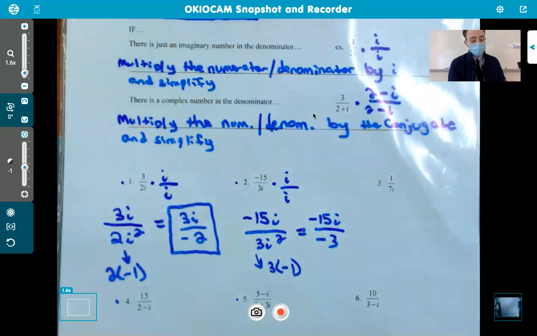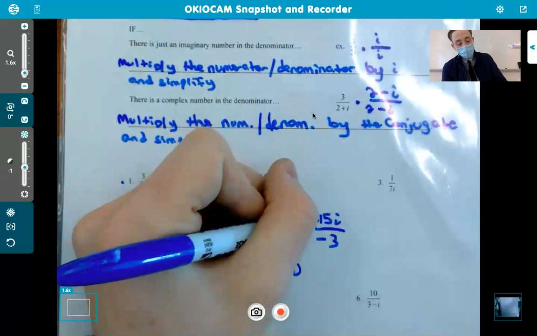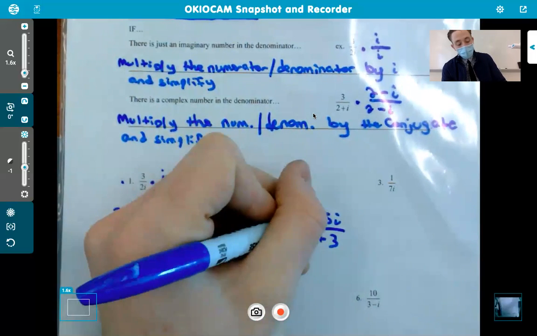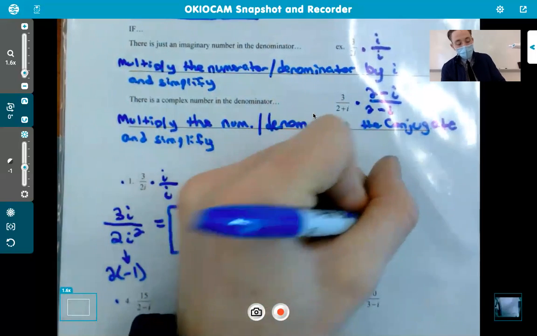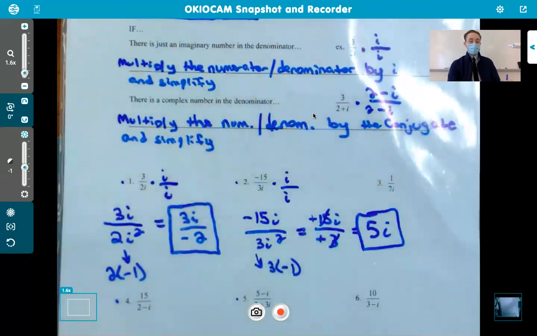Right, exactly. So I can simplify this a little bit further. I have -15 over -3. Well, negative times a negative is going to give me a positive, and 15 divided by 3 is going to give me a 5. And the i just tags along from the numerator. My answer is 5i. So you said the same thing. You recognize that -3 goes into -15 5 times, and the i just tags along.